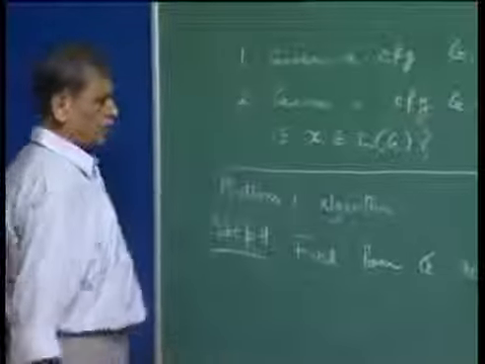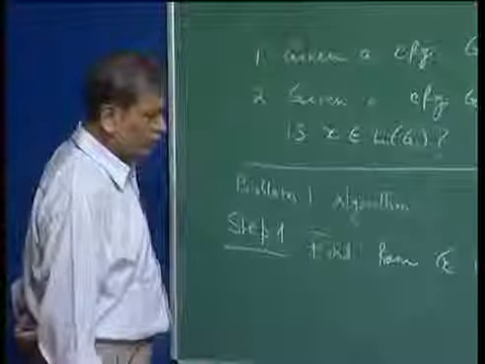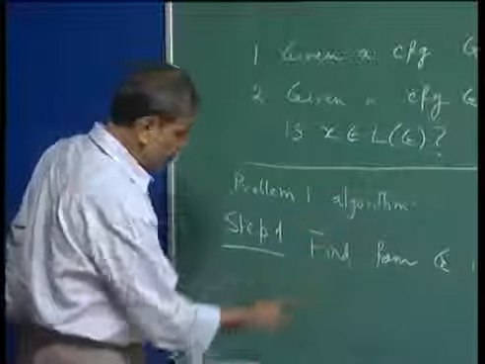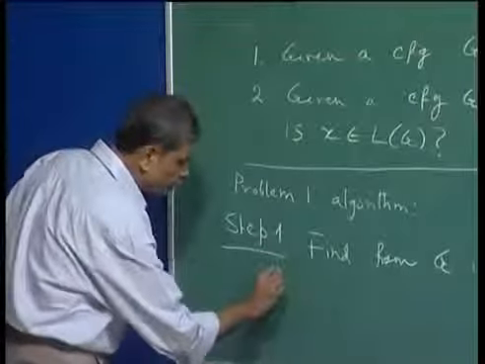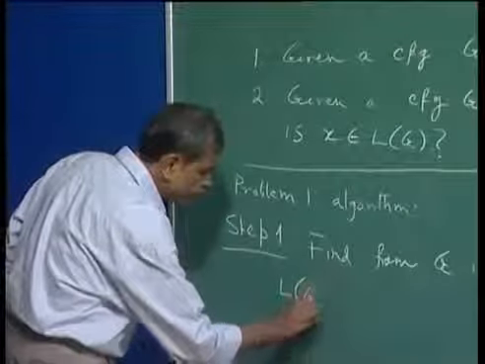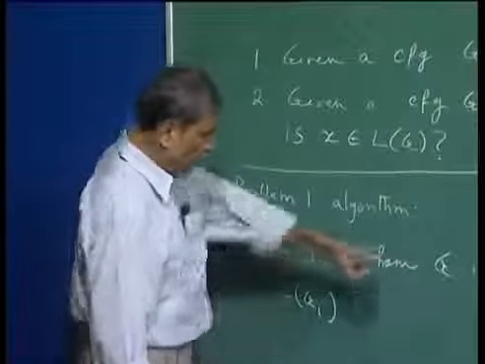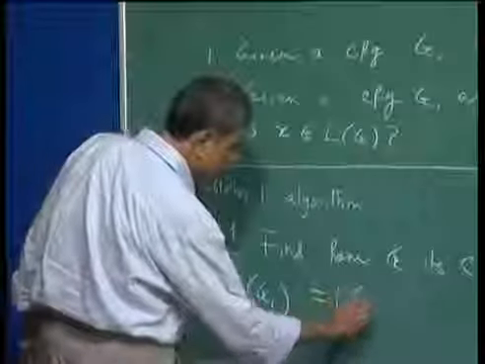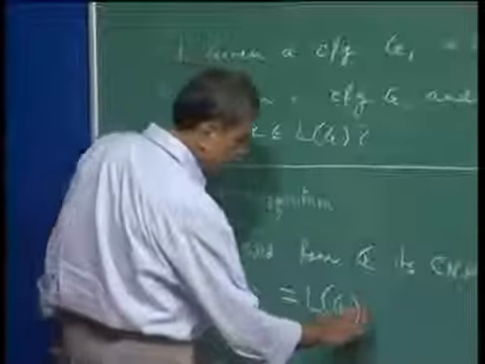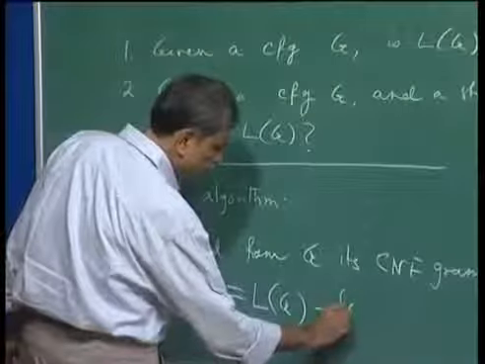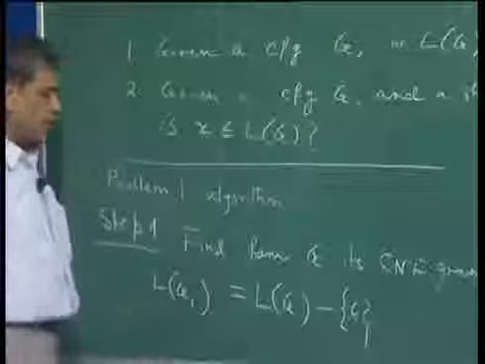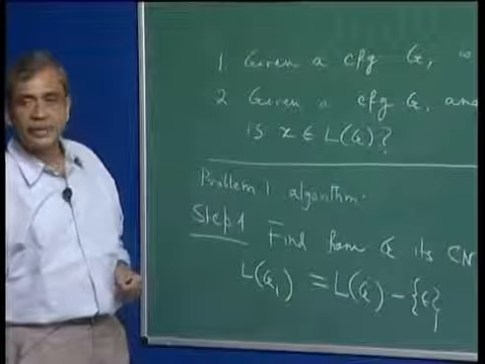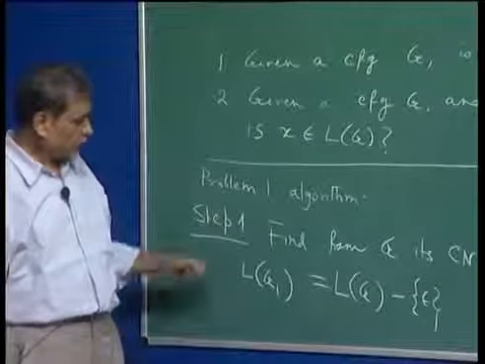So, we know from the definition of Chomsky normal form grammar that this grammar G1 that we obtain will generate the language LG except possibly one string, and that is the empty string, because recall that a Chomsky normal form grammar cannot generate the empty string.